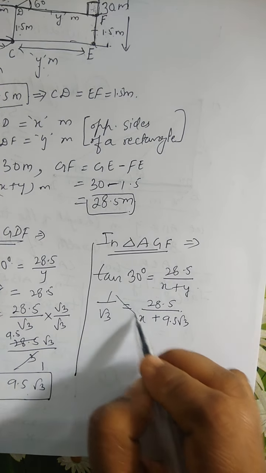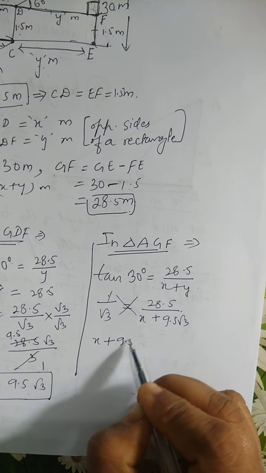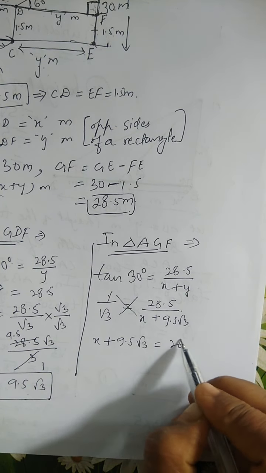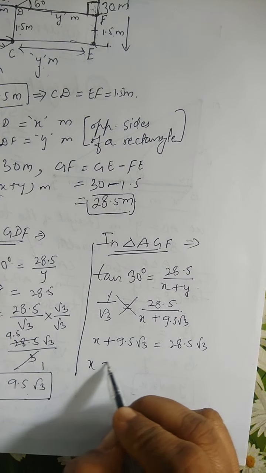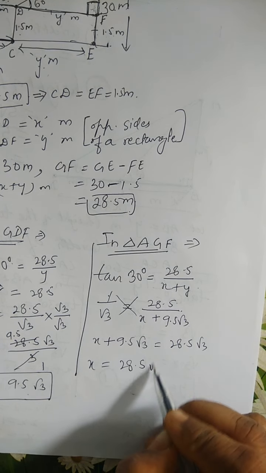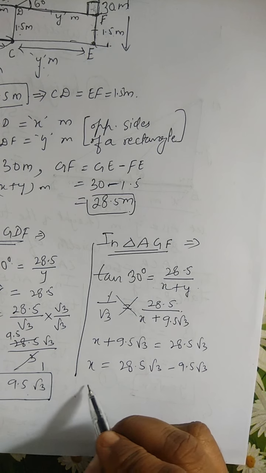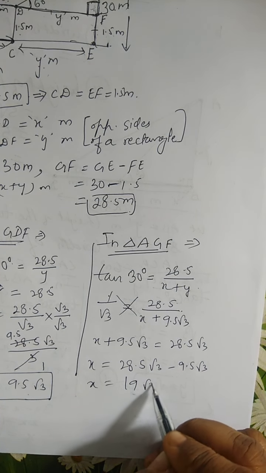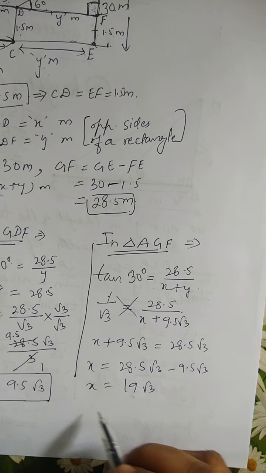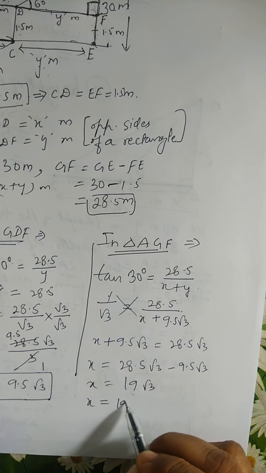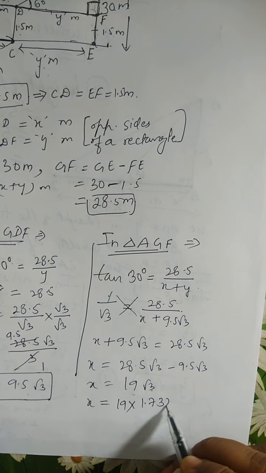Cross multiply. 1 into this number will give you the same, is equal to 28.5 root 3. So x will be equal to 28.5 root 3 minus 9.5 root 3. So x will be equal to 19 root 3. If you want to solve it further, x is equal to 19 into the value of root 3, which is 1.732. Remember this value.